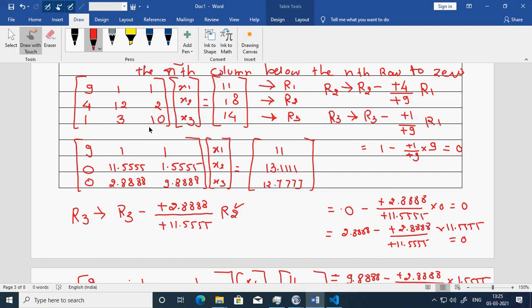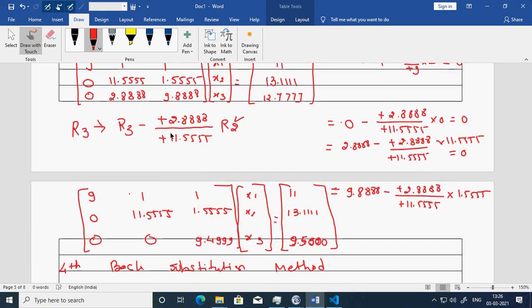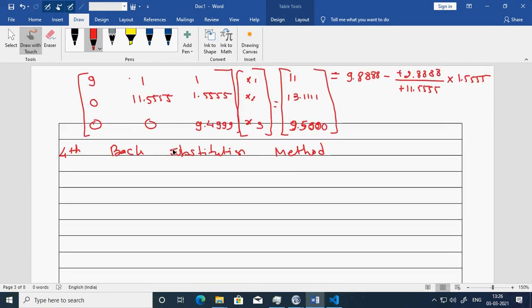So I hope you realize why the diagonal element should not be 0. If you have understood, you can type Y. Okay, great.